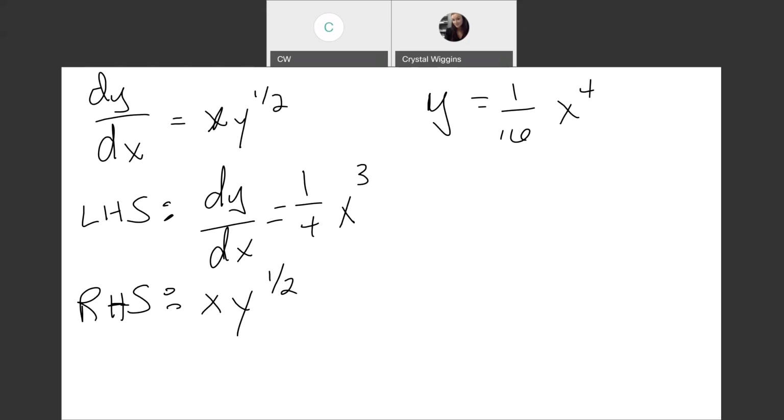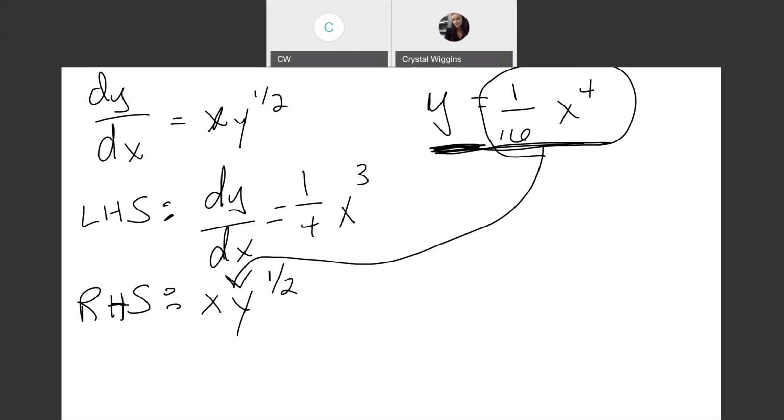So I see that y is equal to 1/16 x to the 4th. So I need to substitute this equivalent expression in x for y into the equation. So I get x times 1/16 x to the 4th raised to the 1/2 power.